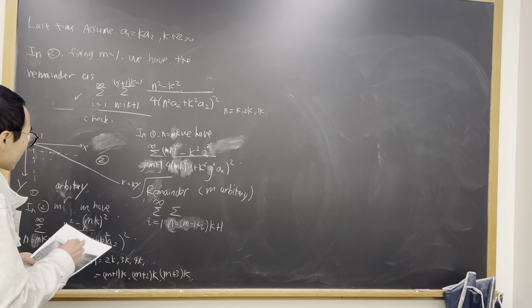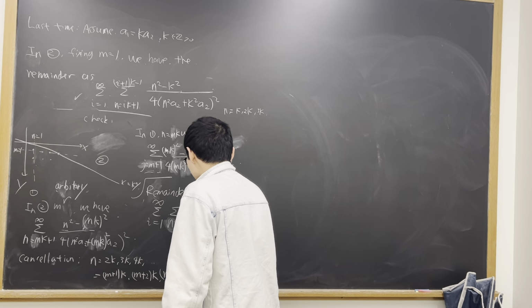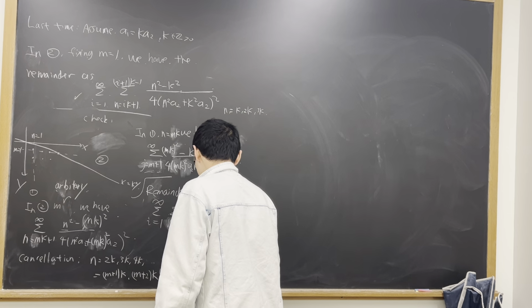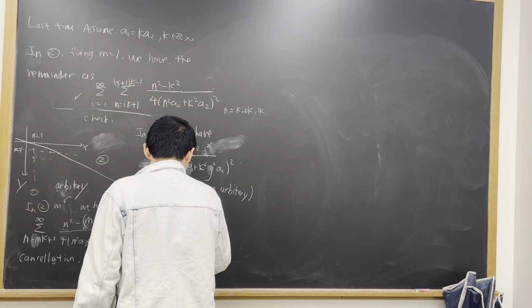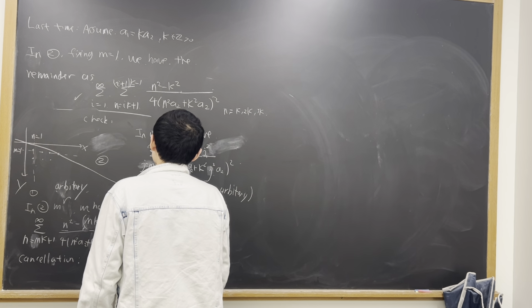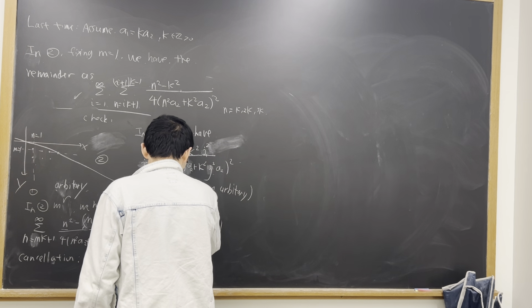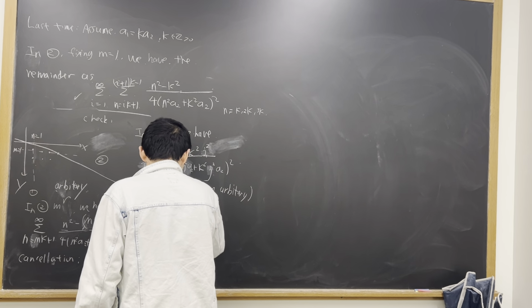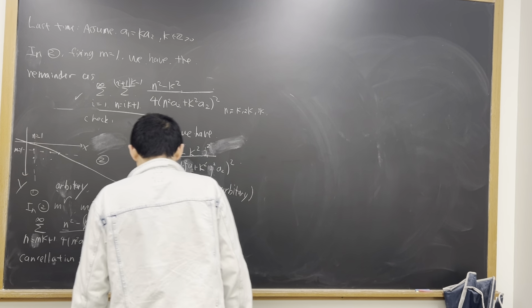And then where does it end? It should be m plus I k minus 1.